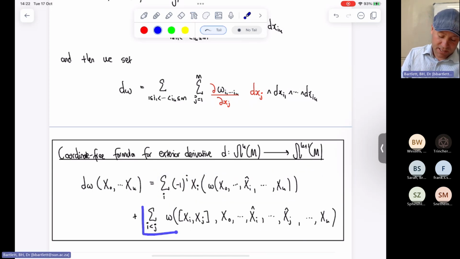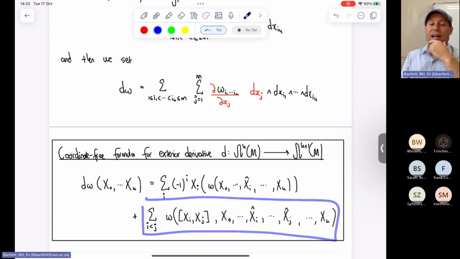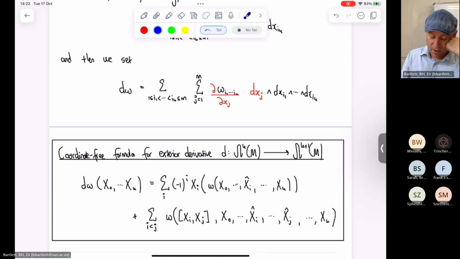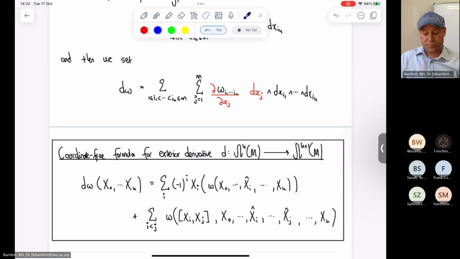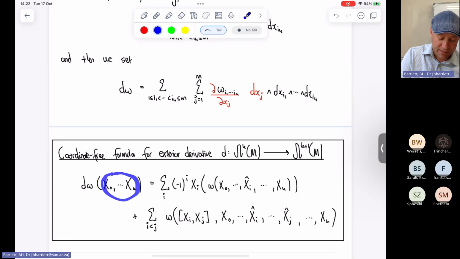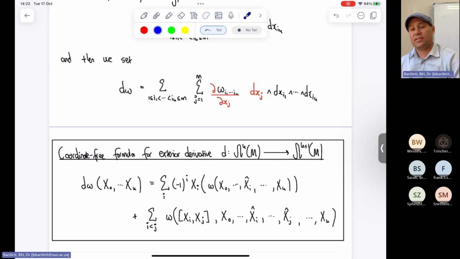Then I've got another section here where there's a double sum over i less than j of what? Well, I take my original K-form omega, and I feed it K vectors as follows. I take my original K plus 1 vectors that I'm given here. I remove the ith and the jth vector from that list.